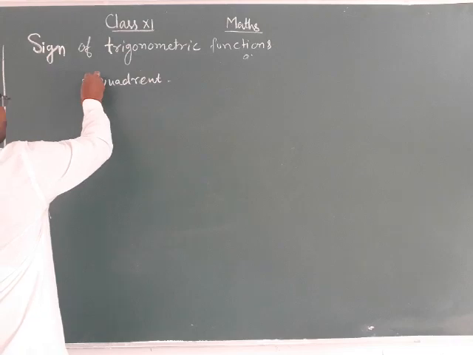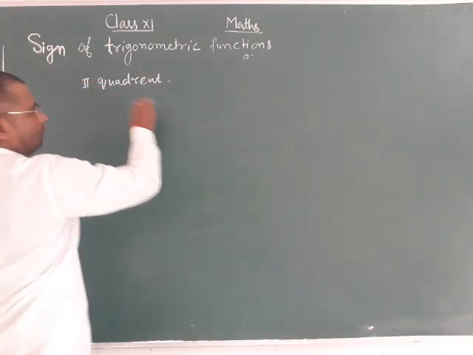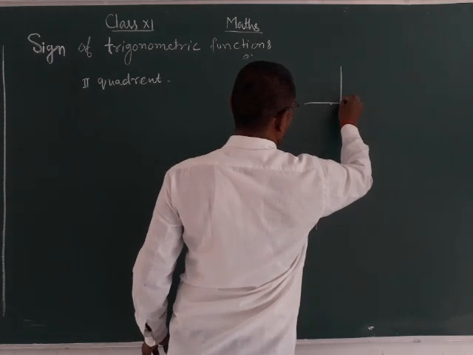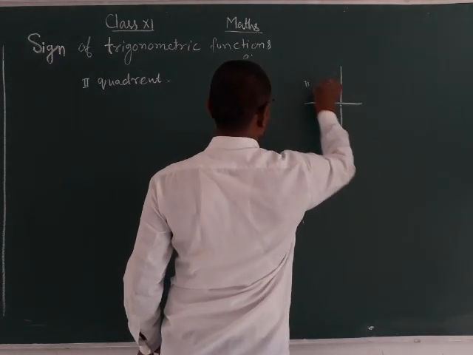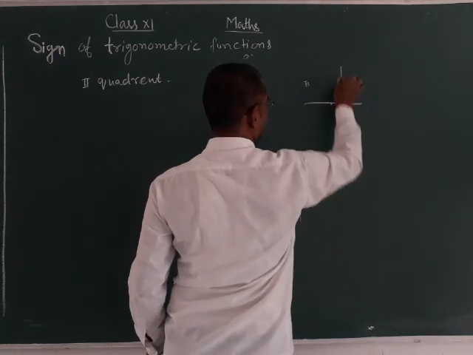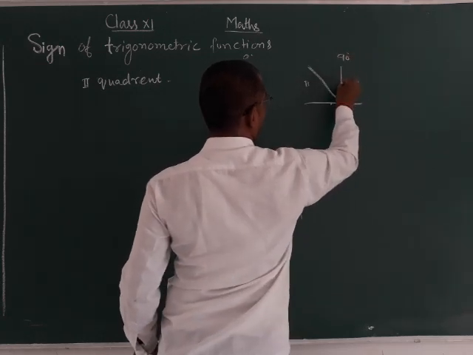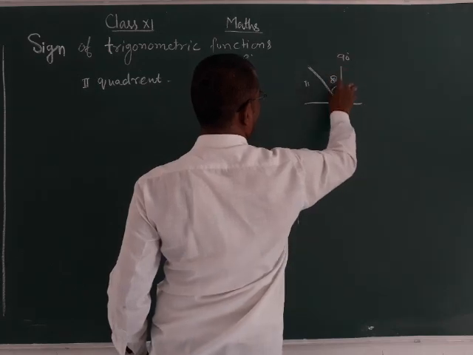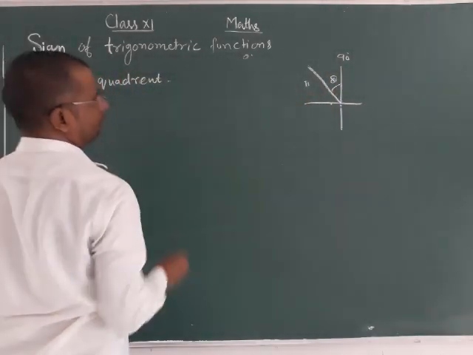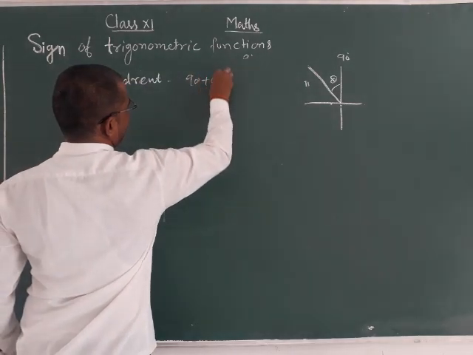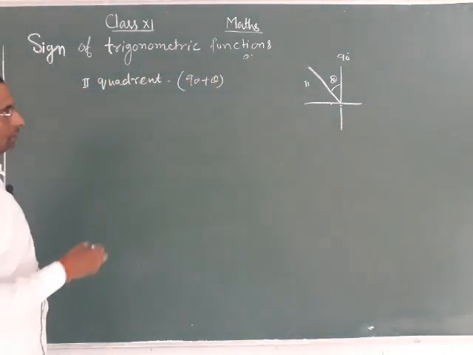In the second quadrant, now 90 plus theta, so this angle 90 plus theta lies in the second quadrant.